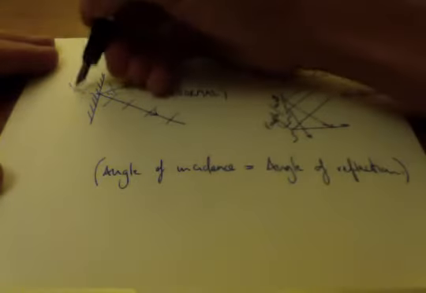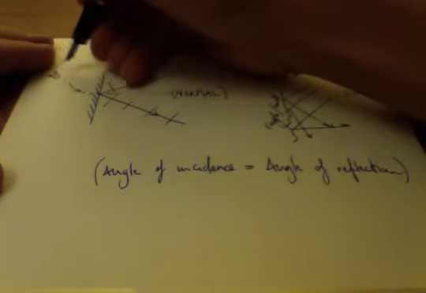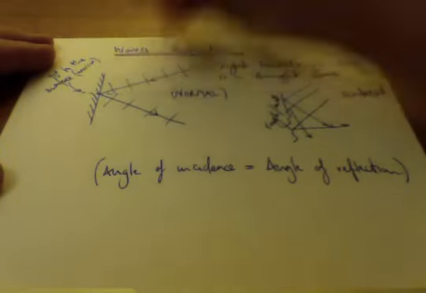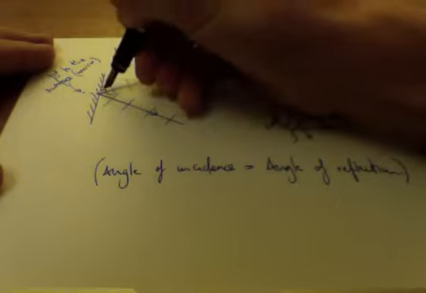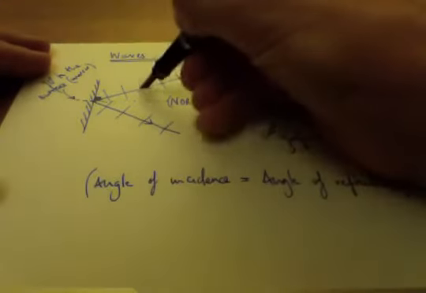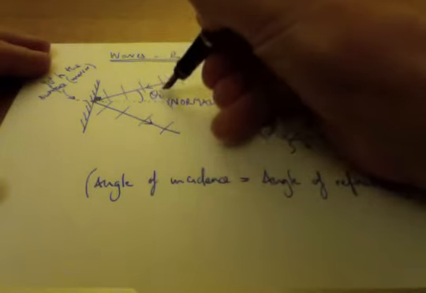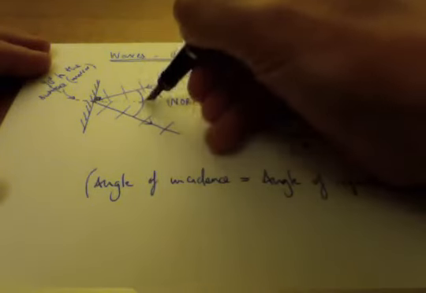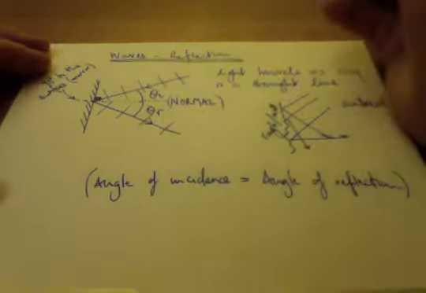Well, the normal is at 90 degrees to the surface, or in this case, the mirror. And then we measure our incoming angle of incidence from that reference and the angle of reflection from that reference.